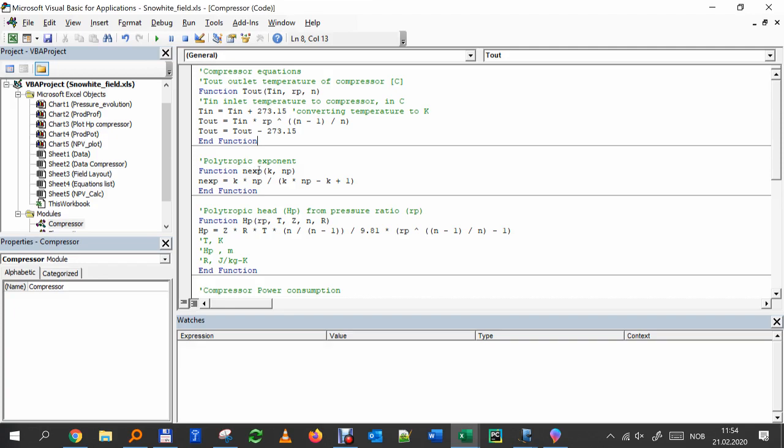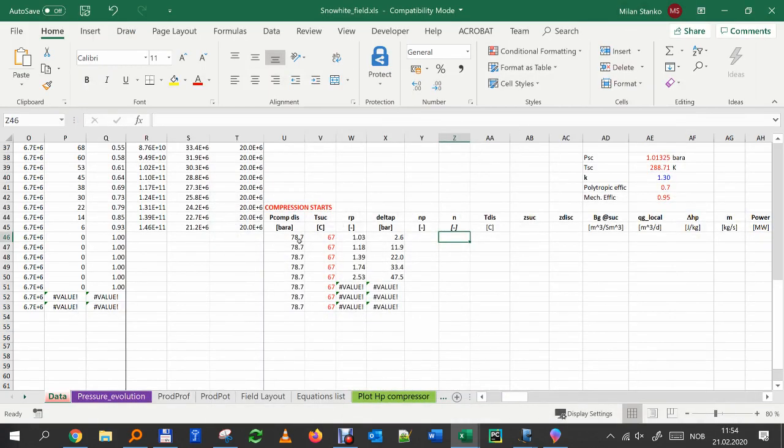So the polytropic exponent is simply taking equation 247 and clearing out the N. Let's call this efficiency. We are going to assume it is constant, which we are going to discuss a bit next class. It's not exactly like that.